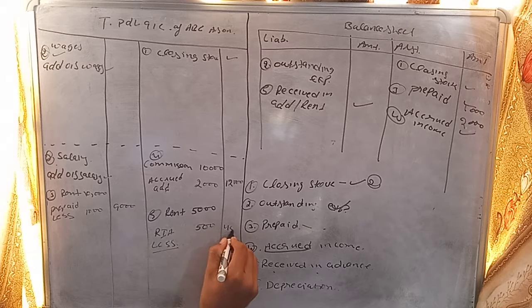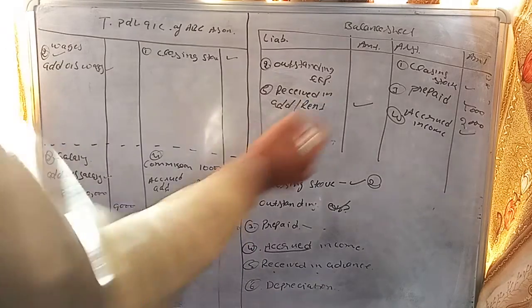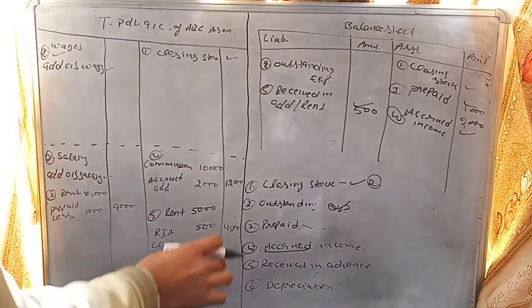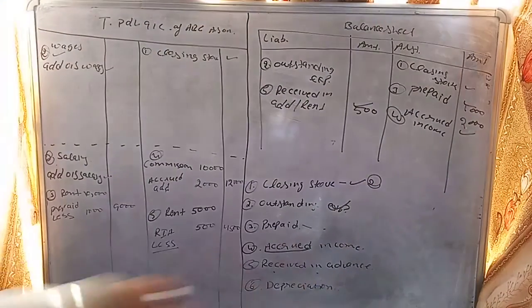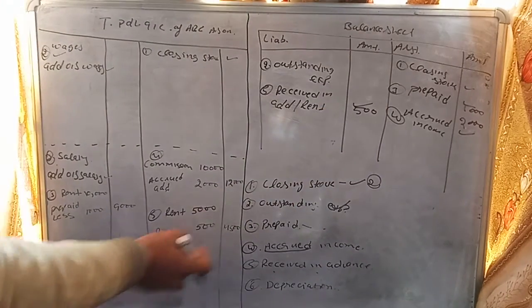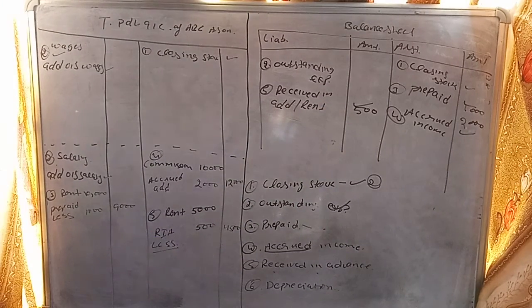So I will mention the value 4,500, and the rent that I received in advance, I will mention on the liability side because it is in advance for this year. So I will treat it in the next year. So that's why it will come on the liability side and it will appear on the credit side of the profit and loss account. Right?